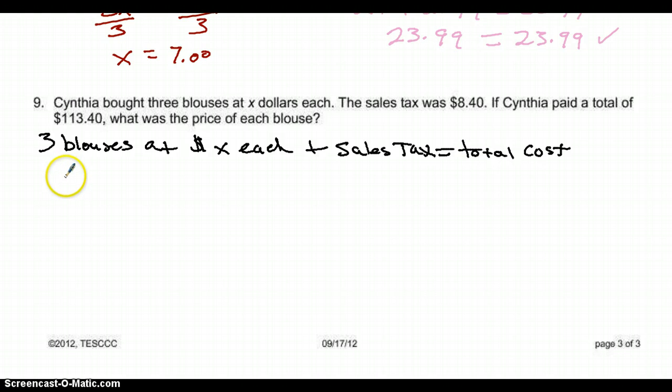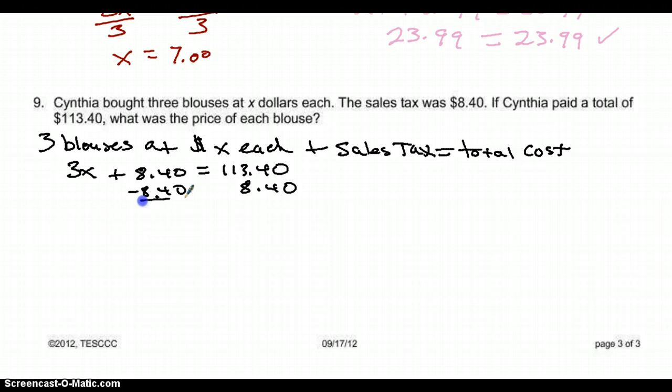So here we will have 3X is my formula plus $8.40, that's my sales tax, is going to equal $113.40. I'm going to subtract $8.40 from both sides. That's going to give me 3X is equal to 105 even.